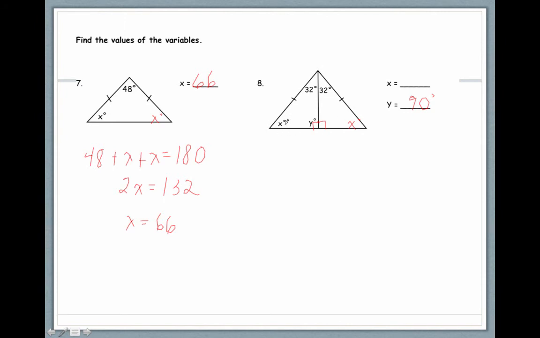If you've got the base flat at the bottom and you drop a perpendicular line, then you get 90-degree angles because they're perpendicular. And in the case where it's isosceles, if you split this exactly in half, then you've dropped a perpendicular line. So this is 90. So these two add up to 90. So x is 90 minus 32. So 58.